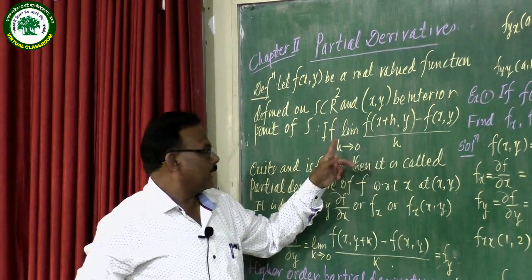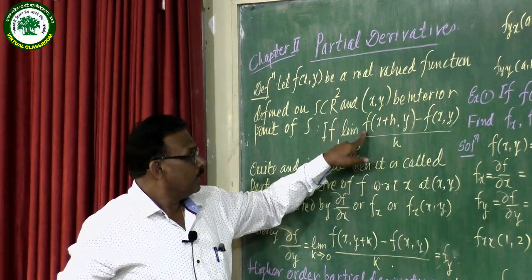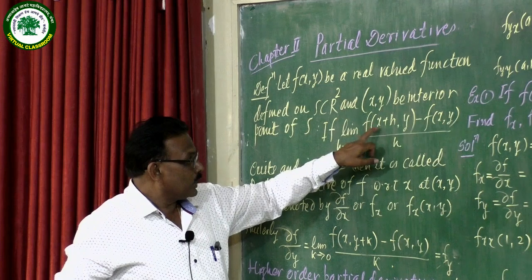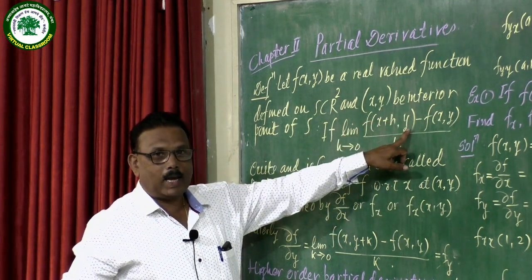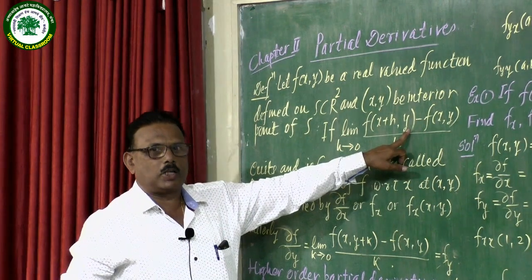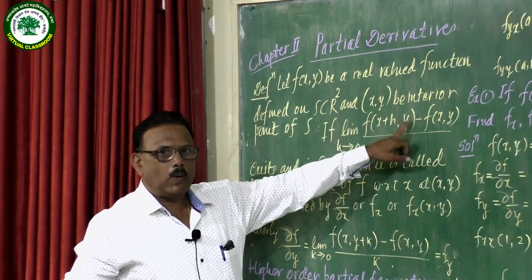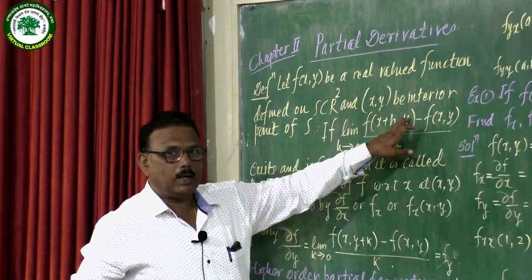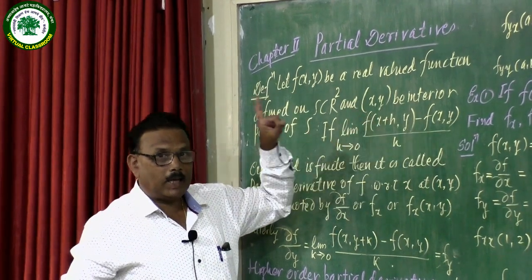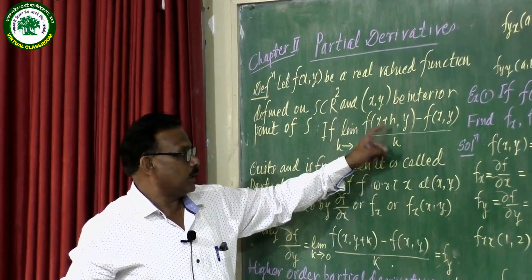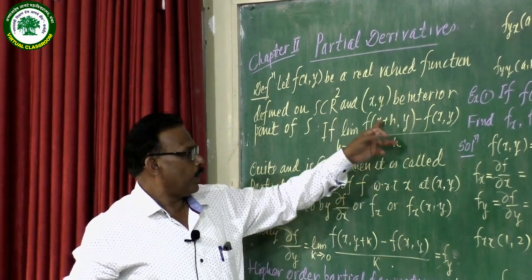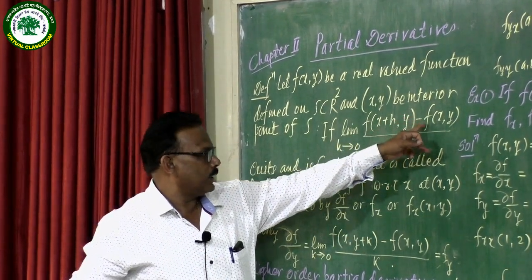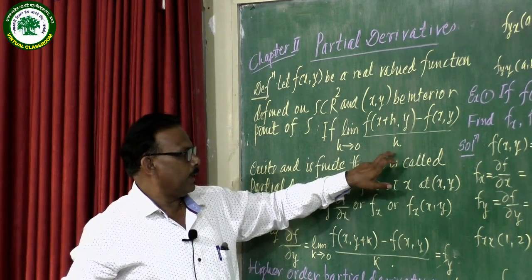That means we are taking the derivative of function f with respect to x. There is only a change in x, y remains as it is, that means you have to treat y as constant. You have to ignore y, there will be a change in x only, therefore x plus h, which is a very small change, f(x plus h, y) minus f(x, y) divided by h.